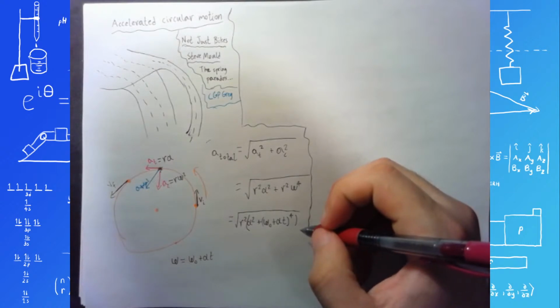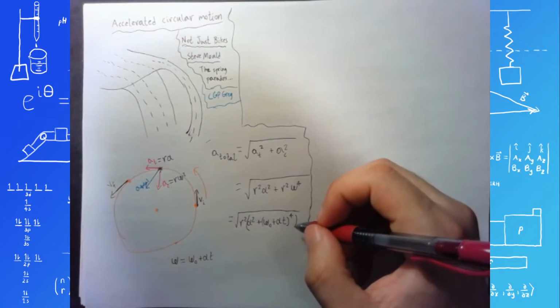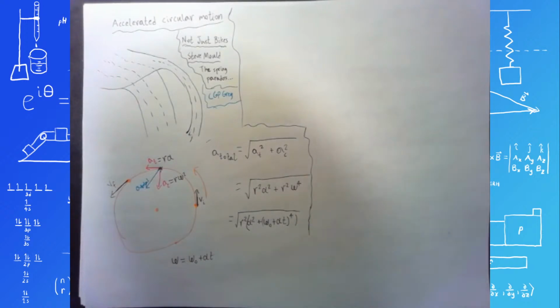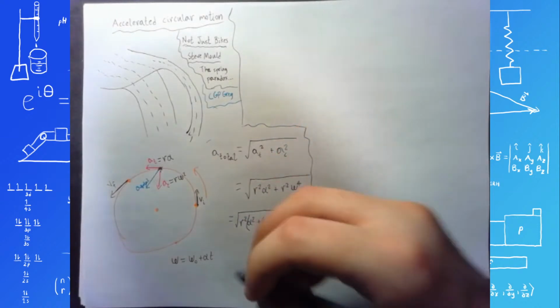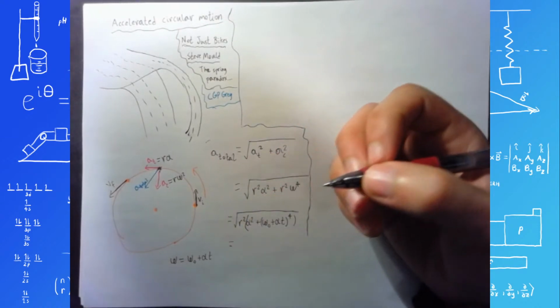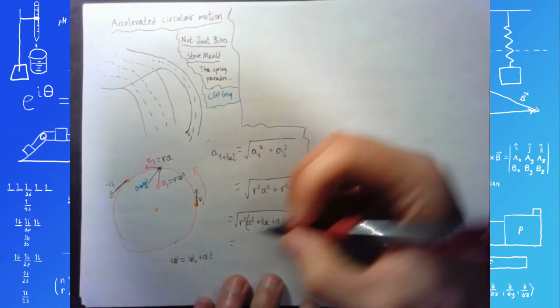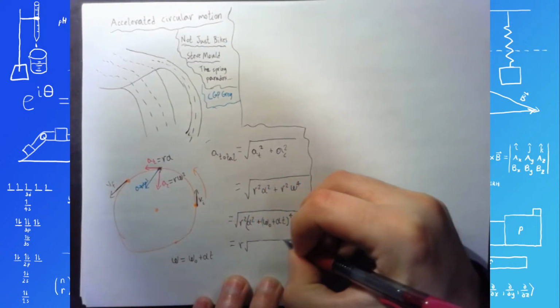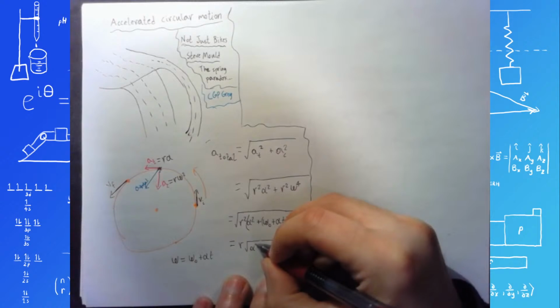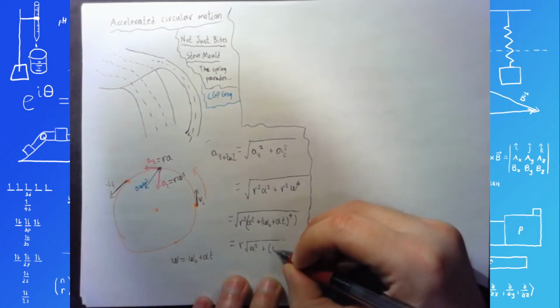Plus, there's also a chance that we don't get something very clean. The only other thing I could do immediately right now is pull this r squared out of the square root as just an r, so there's that. r times the square root of alpha squared plus all this stuff to the fourth.